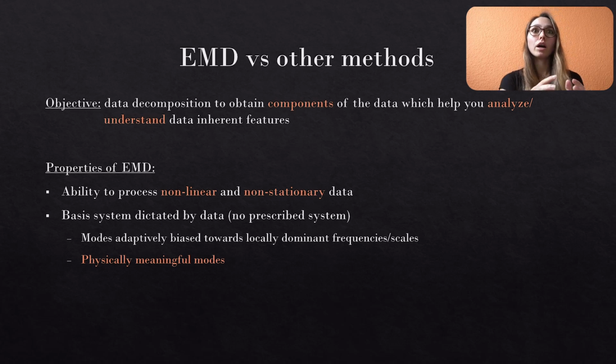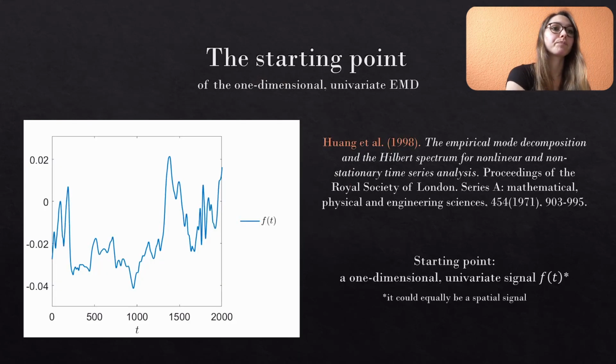And although all the other decomposition methods usually produce mathematically meaningful modes, their physical significance is not necessarily given, and we have to be very careful with the conclusions we draw from such modes. I hope you now have a good impression of why you should give this decomposition method a try. Next, we will see which type of data we can use for the EMD.